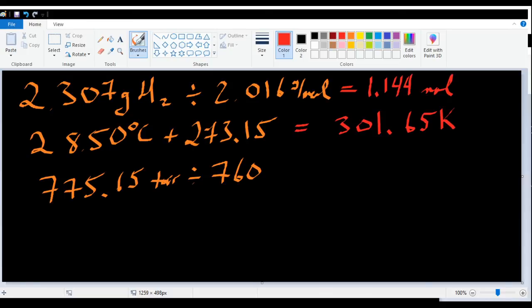And our 775.65 torr is 1.0205 atmospheres.